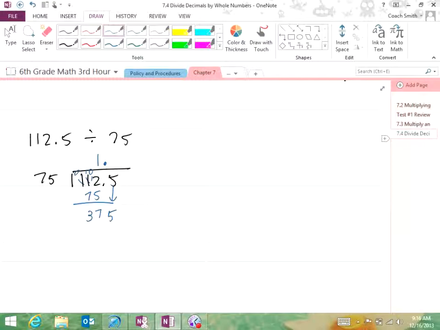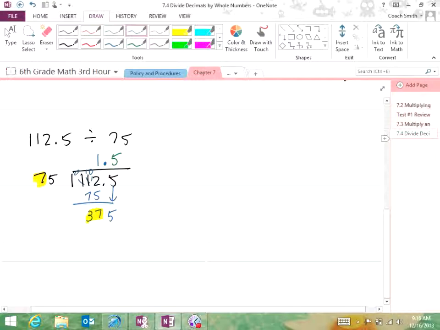Now, 75 into 375. If you look at this, 7 goes into 37 how many times? 5 times. So that's going to be our estimate up here.